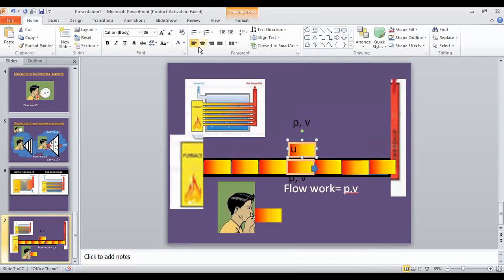So later you can understand more. Other than this U, this flow work PV is also here. There should be the flow work also to push this.